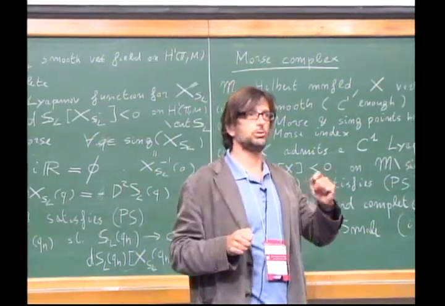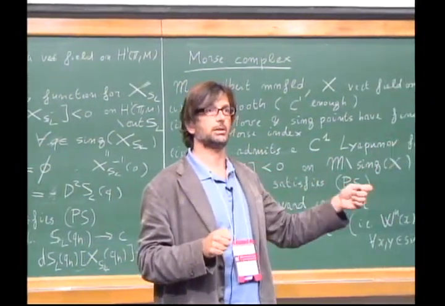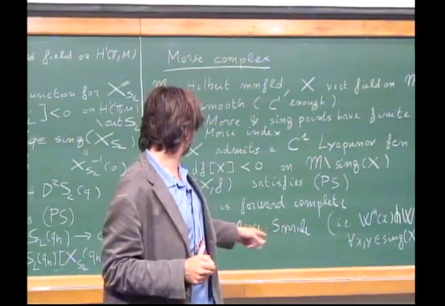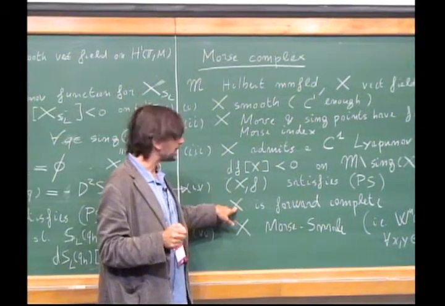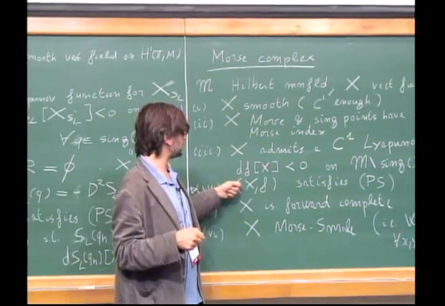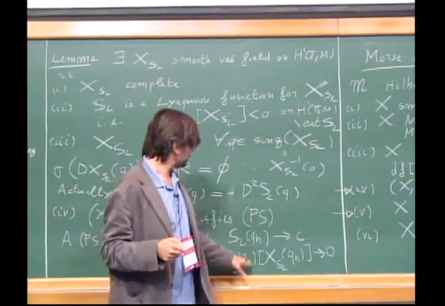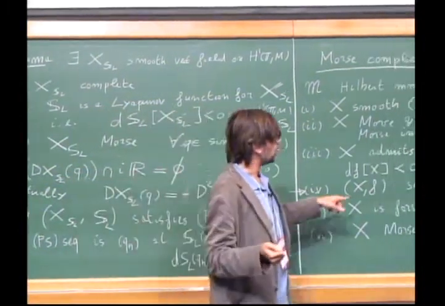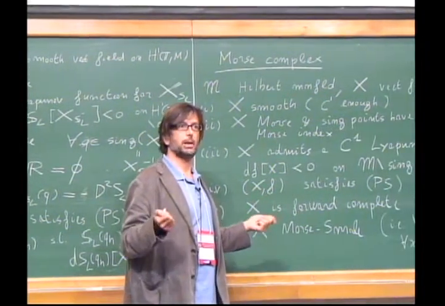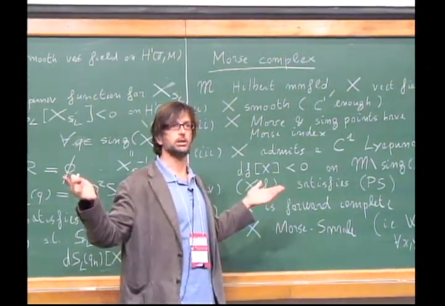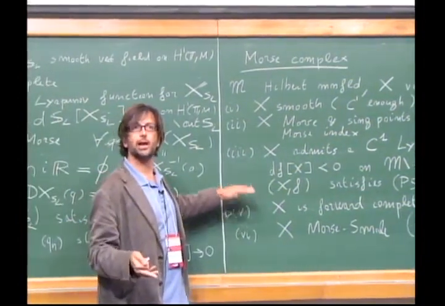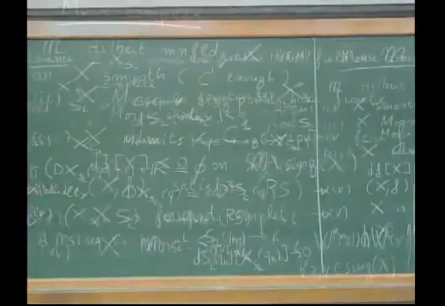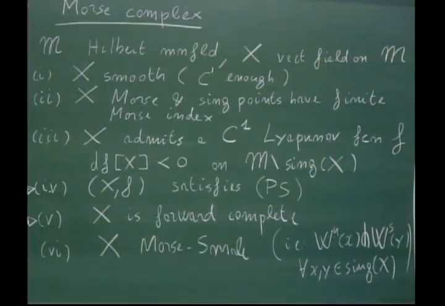Maybe there are solutions which do not exist for all time. They blow up in finite time, but if I make the vector field sufficiently slow, I can achieve forward completeness. But then I will increase the number of Palais-Smale sequences, because if X is smaller, it's easier to have the condition that dF applied to X goes to 0. And conversely, if I want to achieve Palais-Smale, it's easy: I can multiply by a function which grows at infinity. But then I will lose my completeness. So it's a sort of balance between two things. Okay.